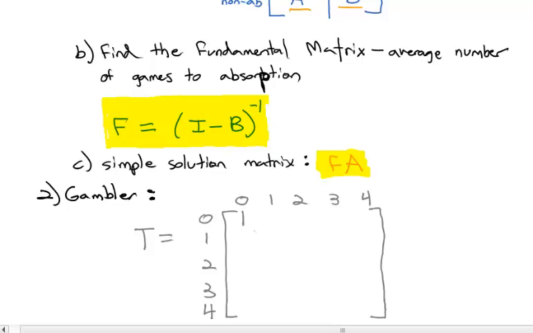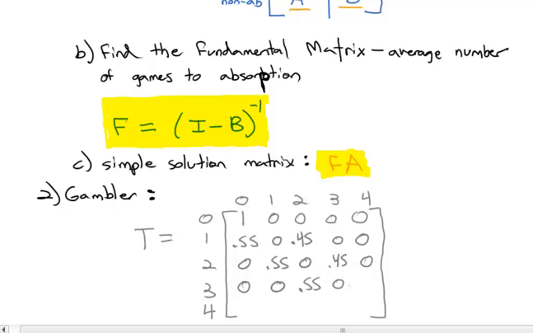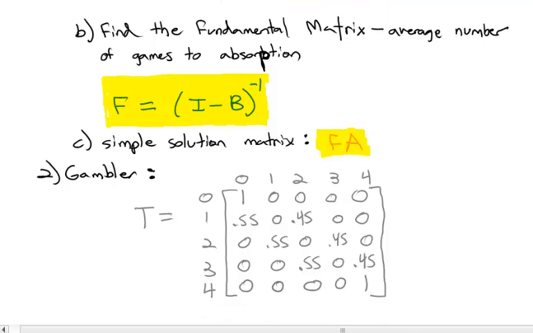We had a 1 staying at 0, then a 0.55, 0, 0.45, 0, 0. The next row kind of going diagonally, 0.55, 0, 0.45, 0. The next row 0, 0, 0.55, 0, 0.45. And the fourth state is an absorption state, 0, 0, 0, 0, 1.